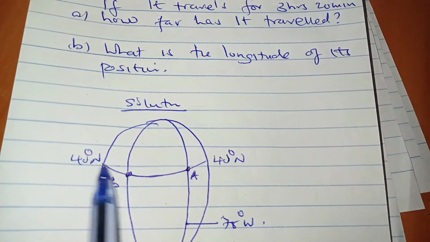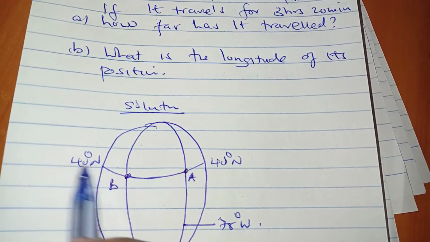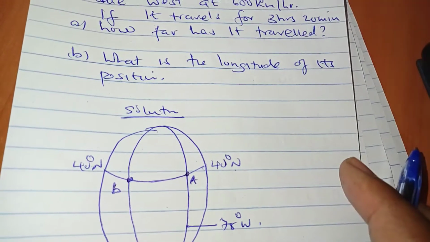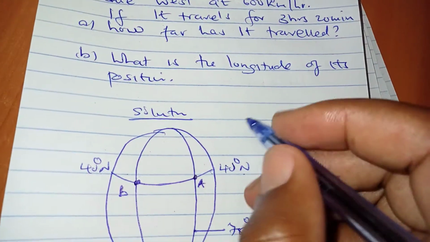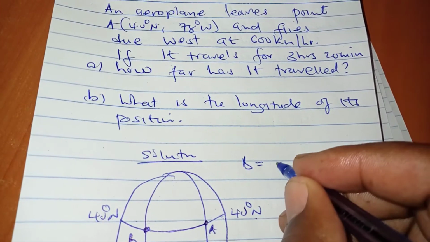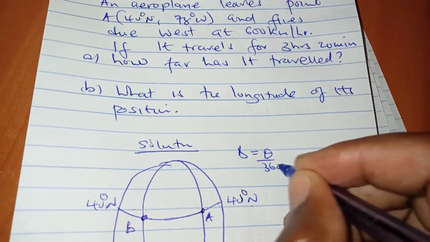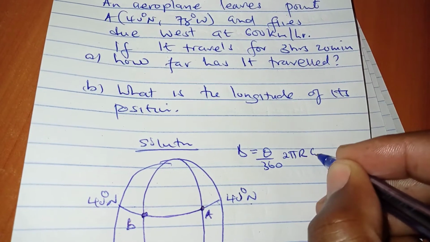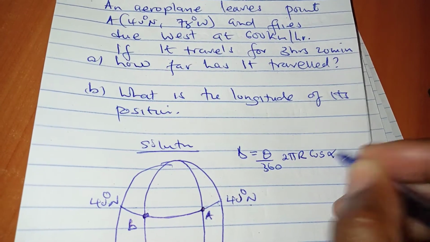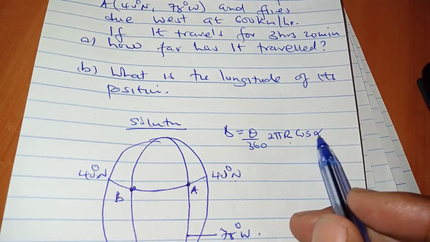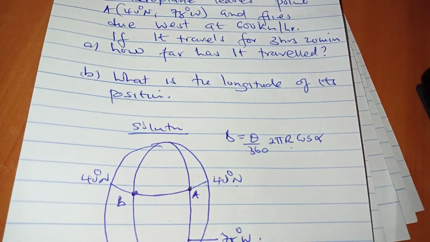You notice that they are on the same latitude, and this is a small circle. If it is a small circle, I'll use this formula here. Distance is given by theta over 360 times 2 pi R cosine of alpha. Maybe I should highlight what this capital R, this alpha and this theta are.